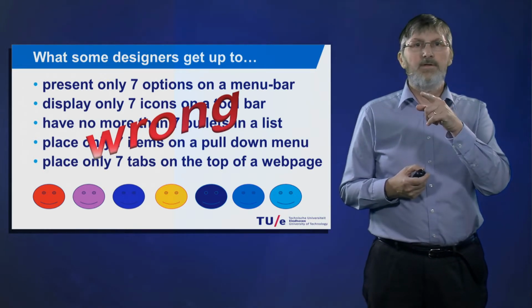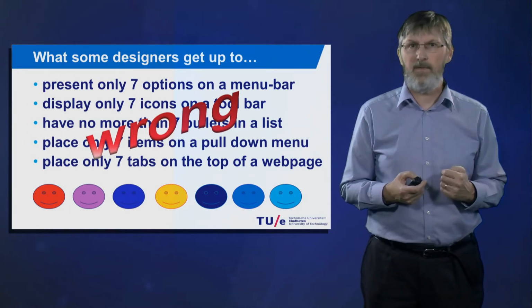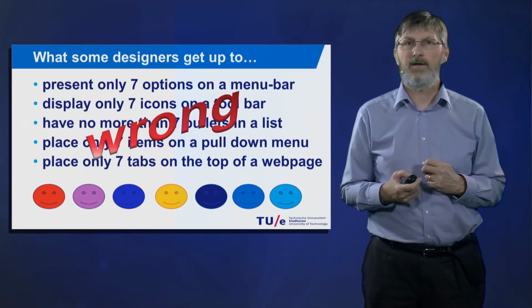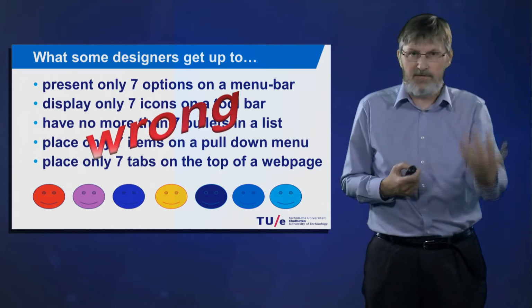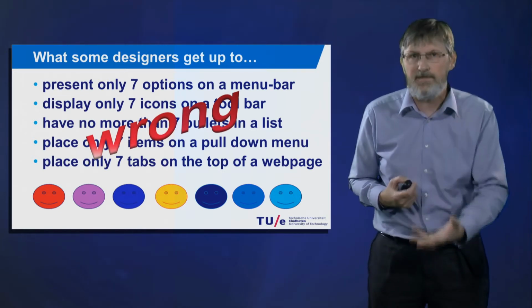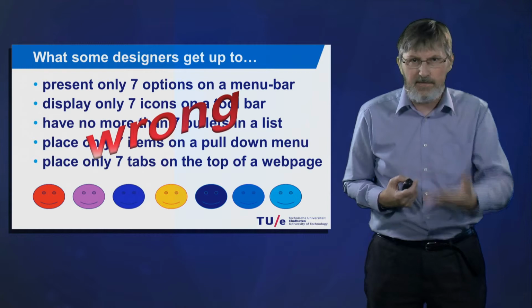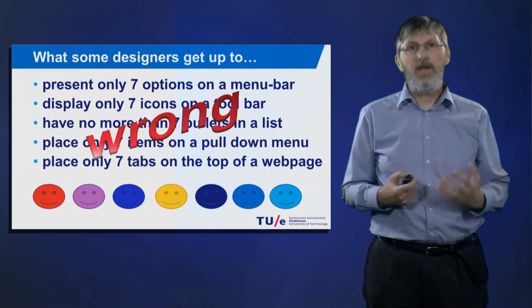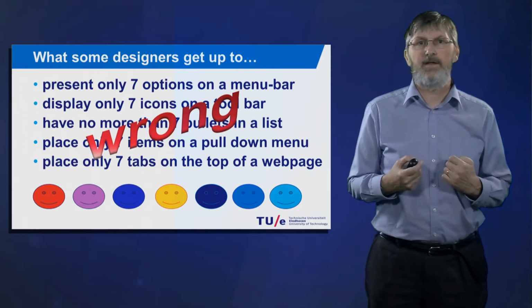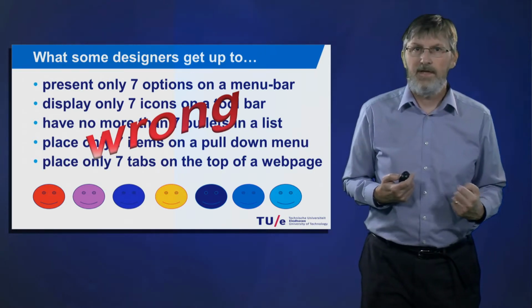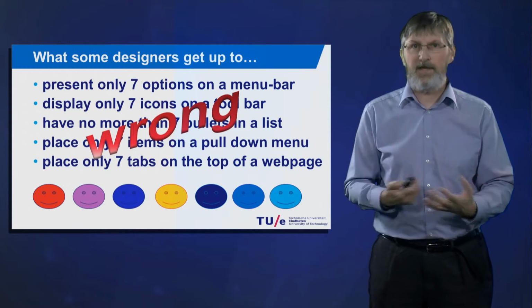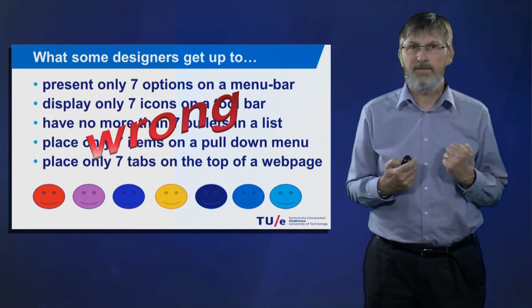Because you don't have to remember the options in the menu bar. You don't have to remember the icons on a toolbar. You can see all of them. For all of these pieces of advice, you do not have to remember anything. Yet, it's good advice. It's good advice to not clutter the display with too many options.